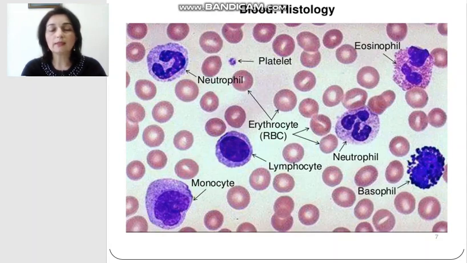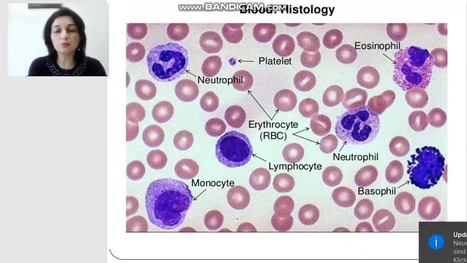In that way, it carries nutrients, oxygen, electrolytes, and hormones to the cells of the body, and it takes carbon dioxide and waste products away from those cells to be eliminated by the organs which are designed to perform those tasks.